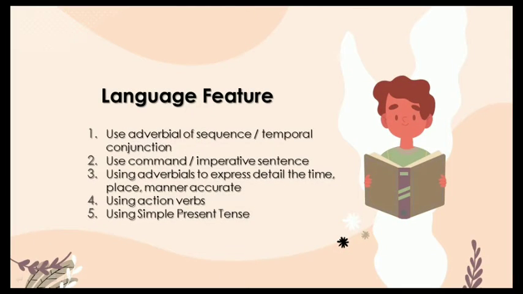The next is language feature of procedure text. For the first is use adverbial of sequence or using temporal conjunction. For example, using first, second, third, the last, then, after that, and etc. For the second is use command or imperative sentence such as put the dough, prepare the butter, sieve the flour, and so on.